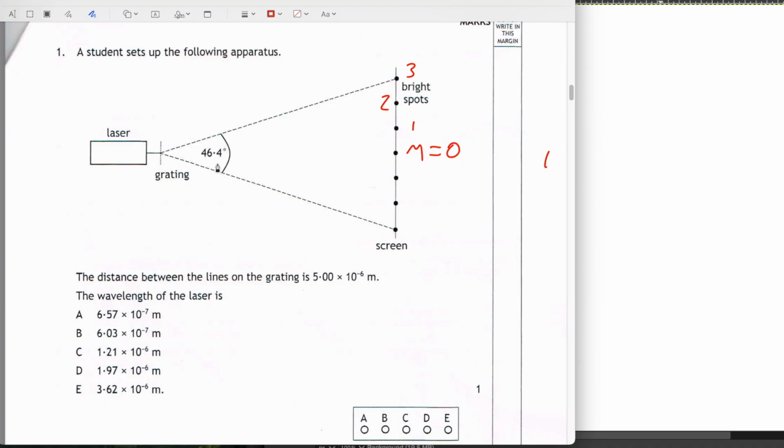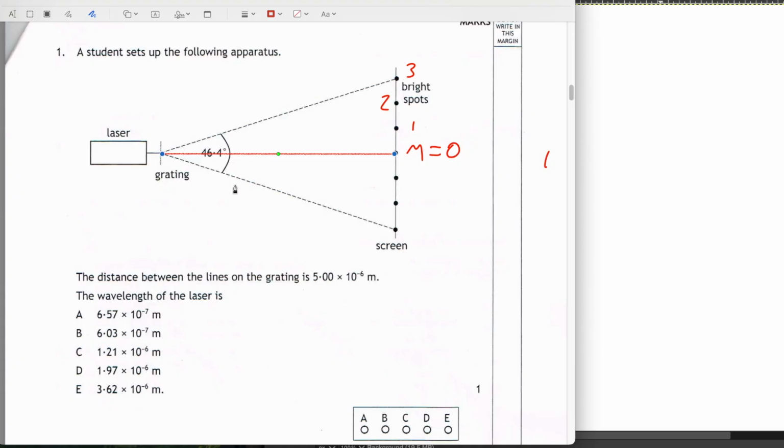We also know this angle here is trying to trick us because the angle that we use in any formulas about this is going to be from the 0 line here. So if I can draw a line, that would be super helpful, from the grating to the m equals 0.